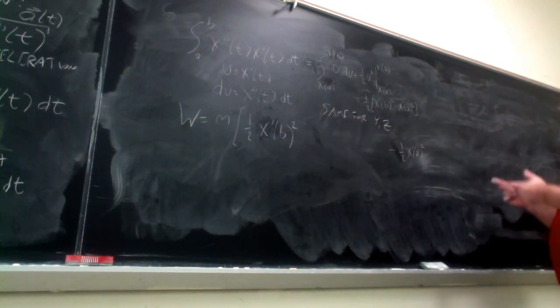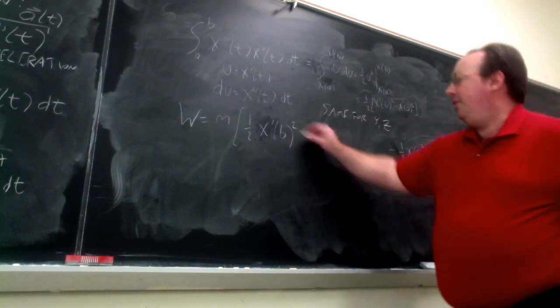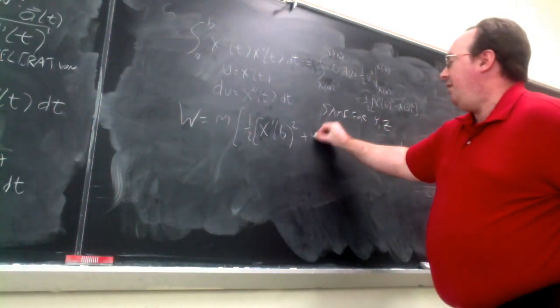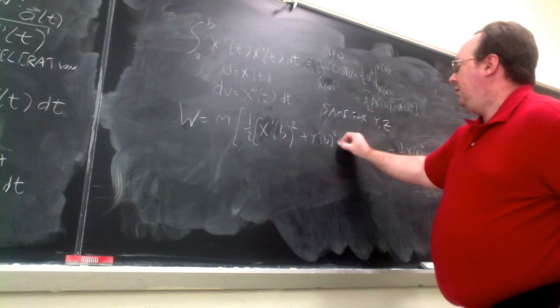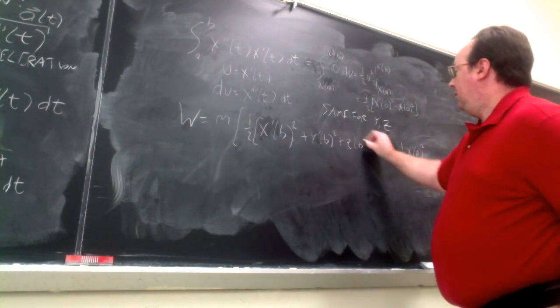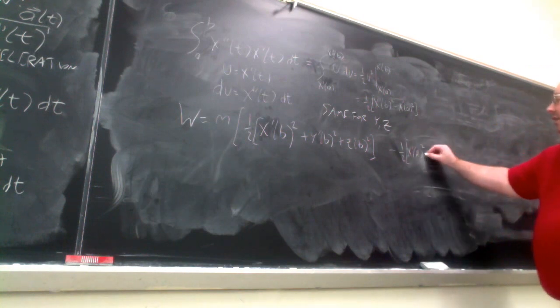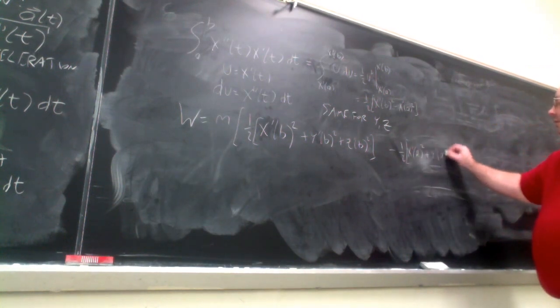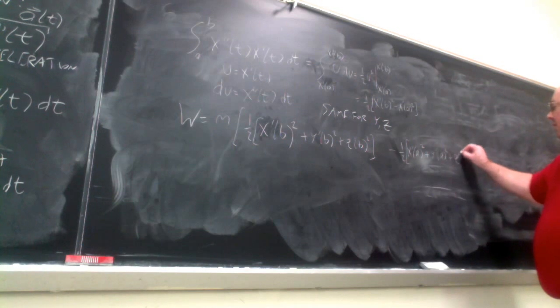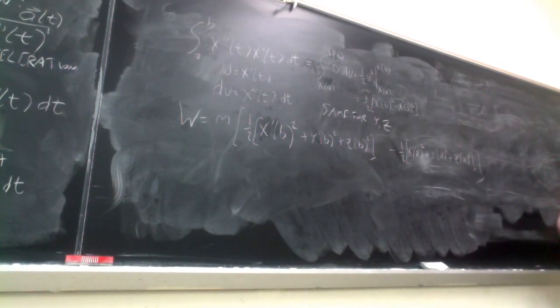And since we have the same things for y and z, I'll just fill those in here. And they're all multiplied by 1/2. So I have that for B, and then again for A. Okay, so that's my work.